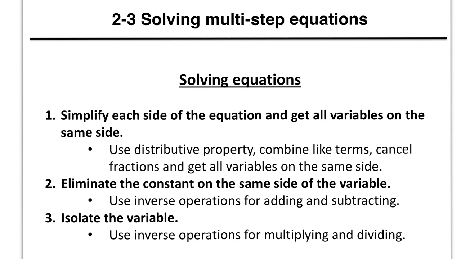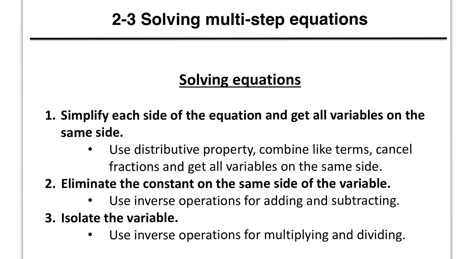And keep in mind, a constant is a number with no variable. Sometimes the constant is on the right side of the variable, or on the left side of the variable, but the constant is just a number with no letter, no variable.